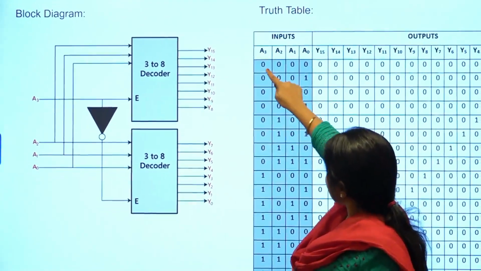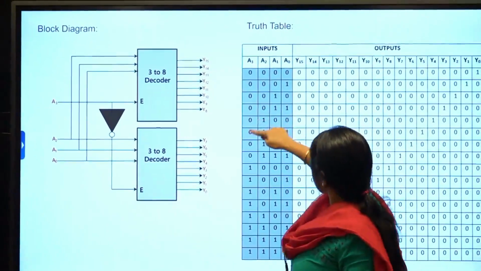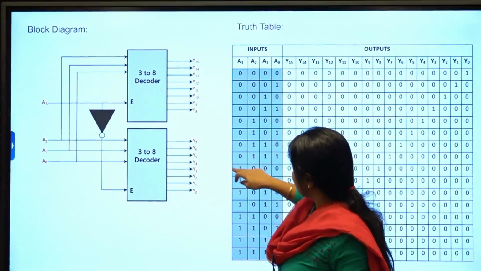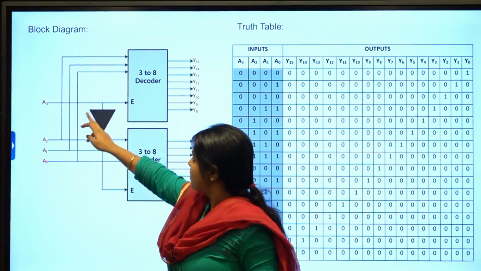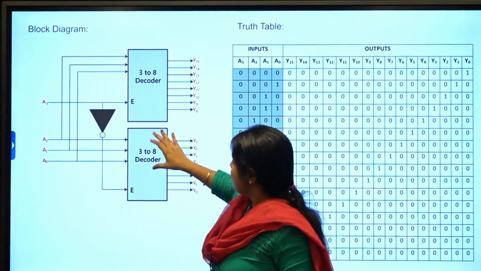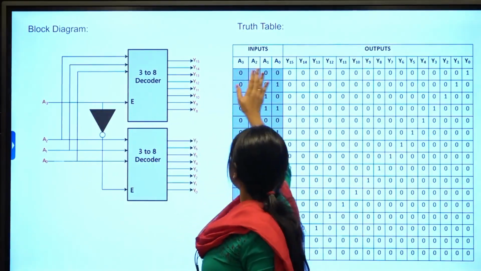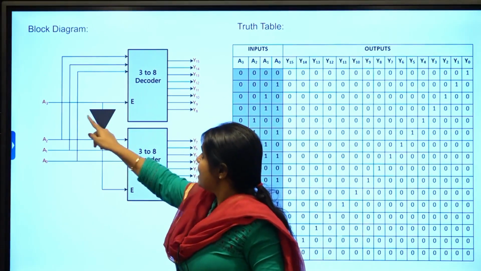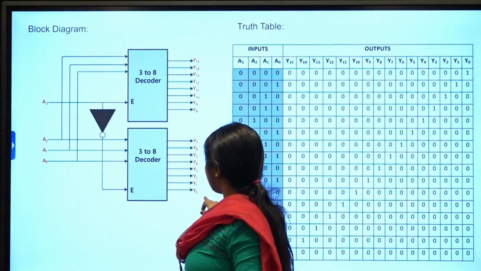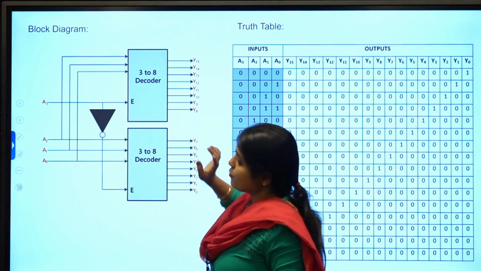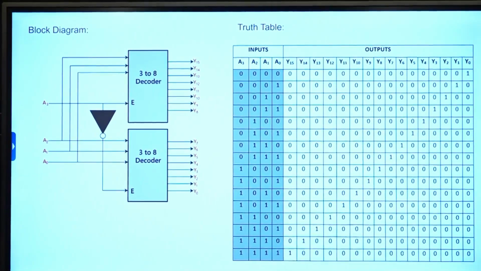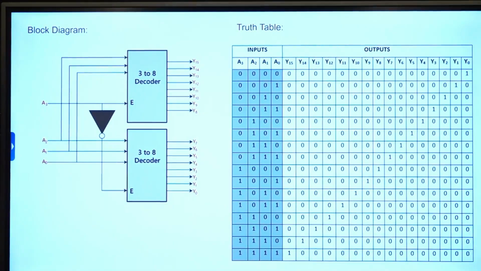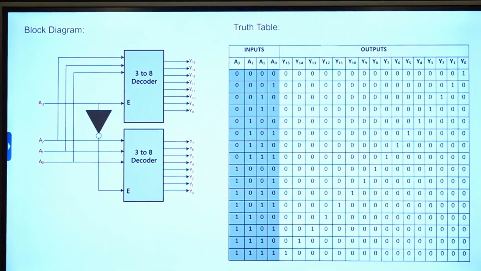From Y0 to Y7 the A3 bit would be 0, and here it is 1. That is the reason A0, A1, A2 I am taking directly. So the two 3 to 8 decoders will have A0, A1, A2 as common pins. A3 is 0 for Y0 to Y7, and A3 is 1 for Y8 to Y15. So this is how I design a 4 to 16 decoder using 3 to 8 decoders.